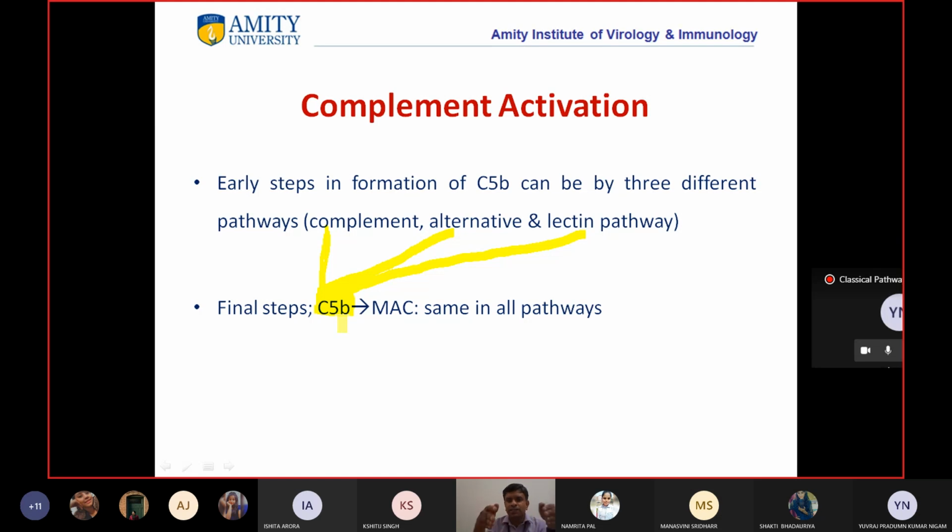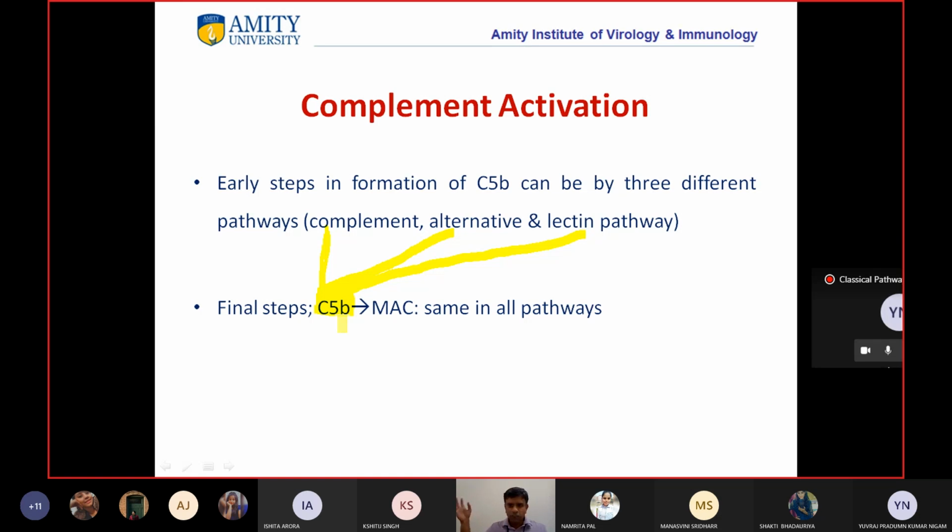It's just like, imagine you have to go to Amity campus, Gurgaon, for your military training, right? Now, one student is coming from South Delhi, another student is coming from North Delhi, another student is coming from Central University. So they are coming from three different routes.